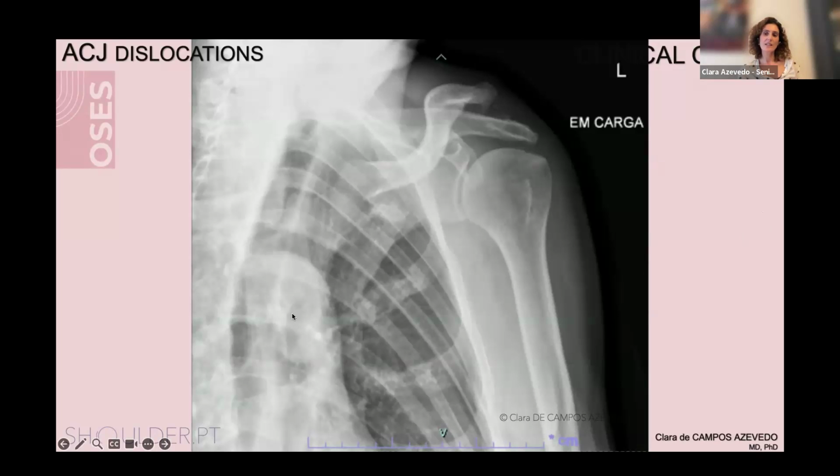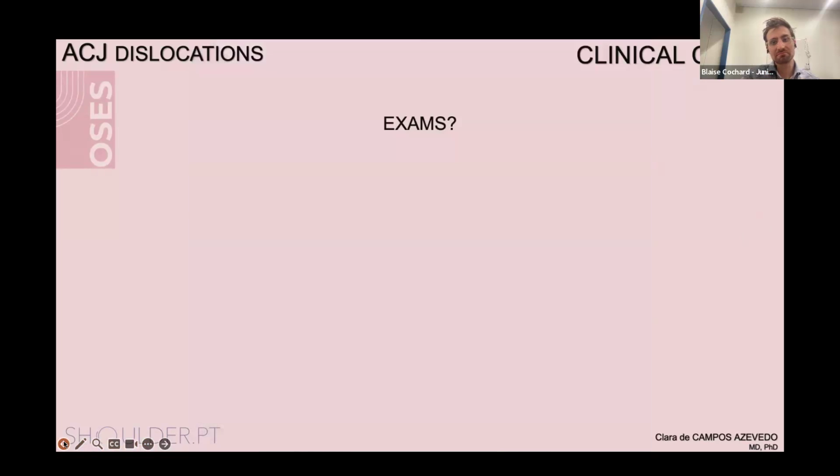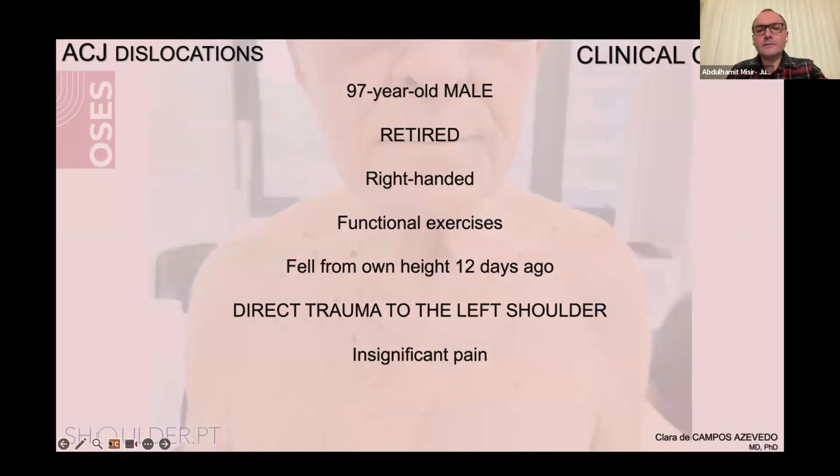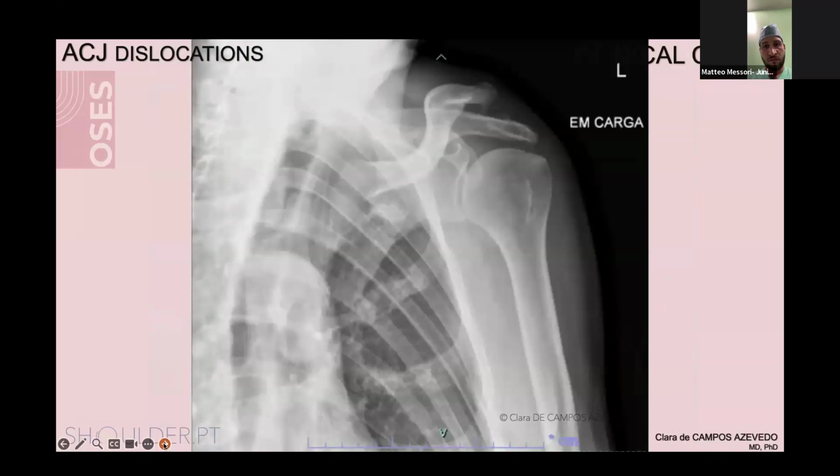But is there an AC joint dislocation? Sorry, I didn't hear you. Is the AC joint dislocated? Could be. It seems like that. But maybe... Okay, I was just seeing if you could see it in the picture.